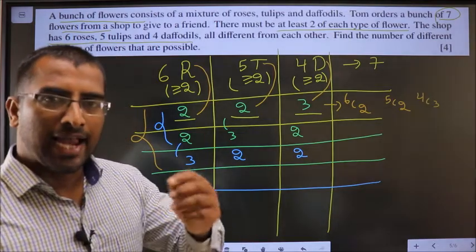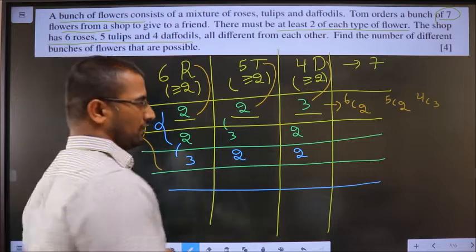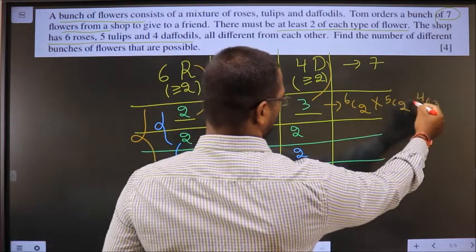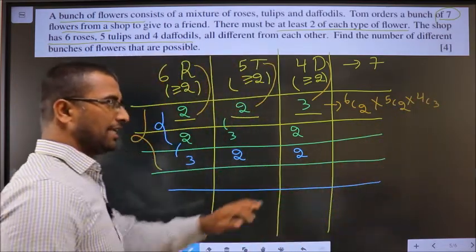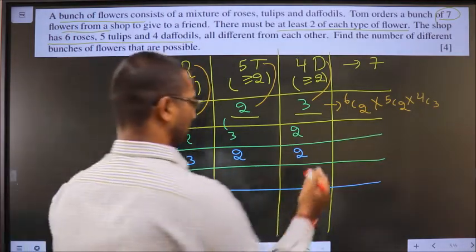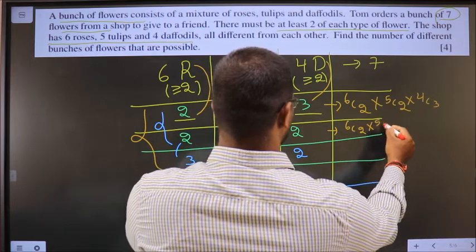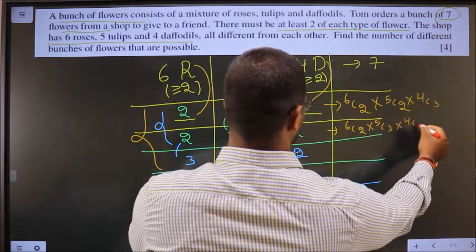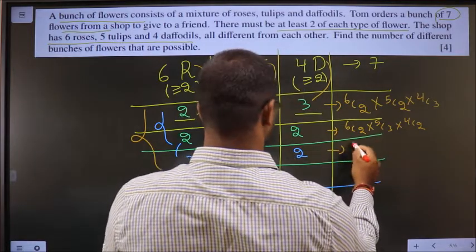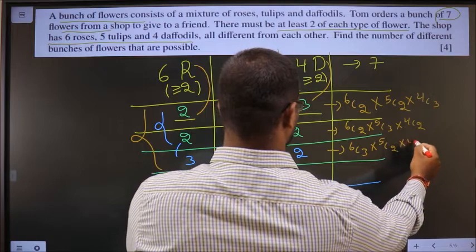Now it is "and" between them. Whenever it is "and", you need to put a multiplication sign. Clear? Same way I write for these 2 rows and I get 6C2 into 5C3 into 4C2, and for this 6C3 into 5C2 into 4C2.